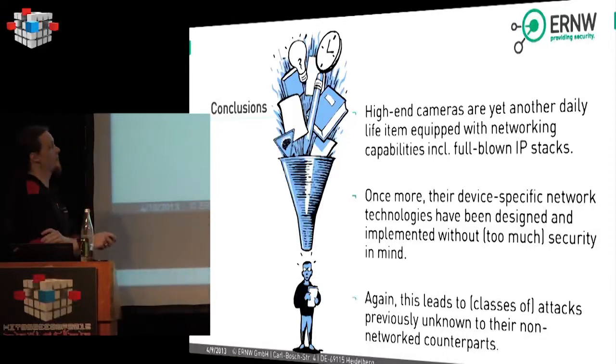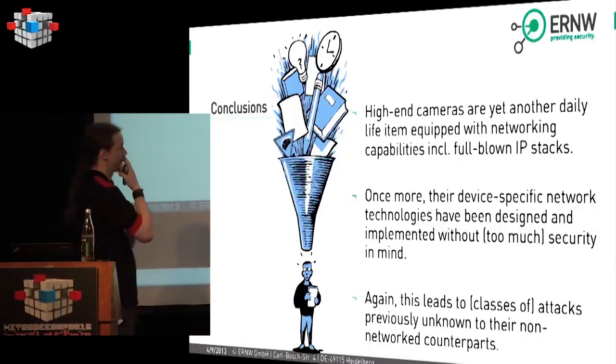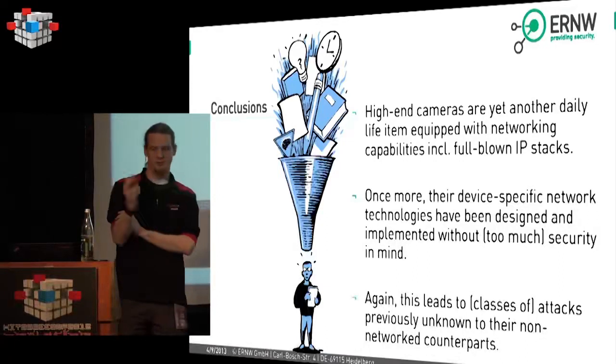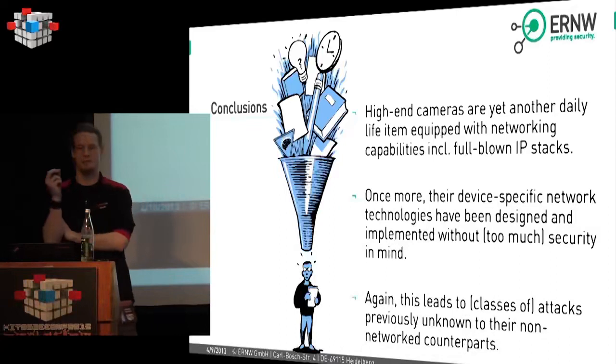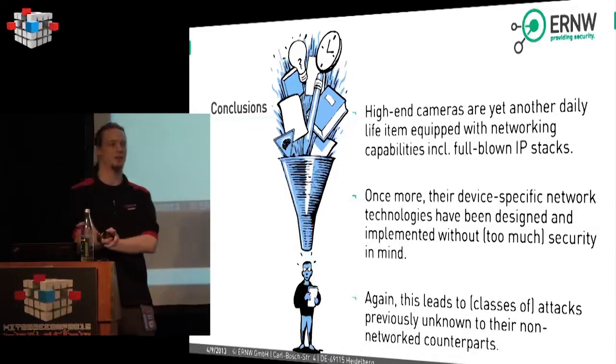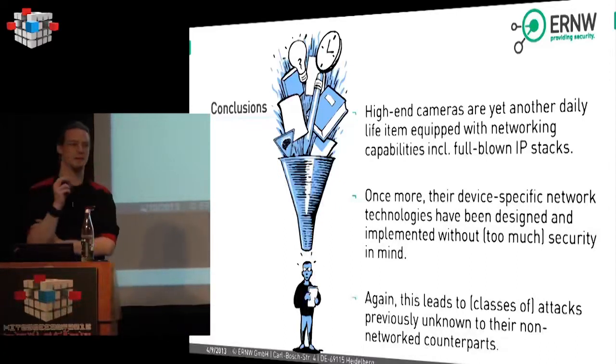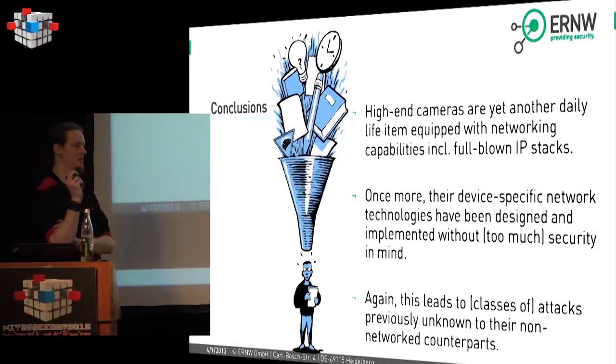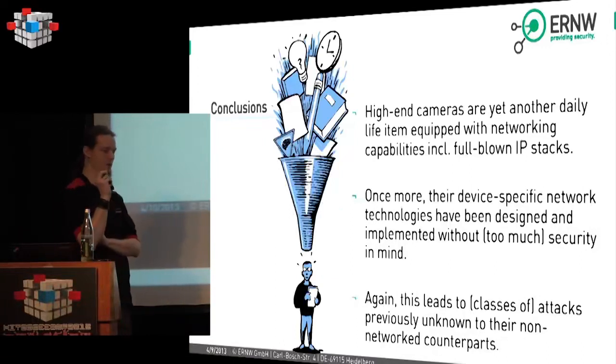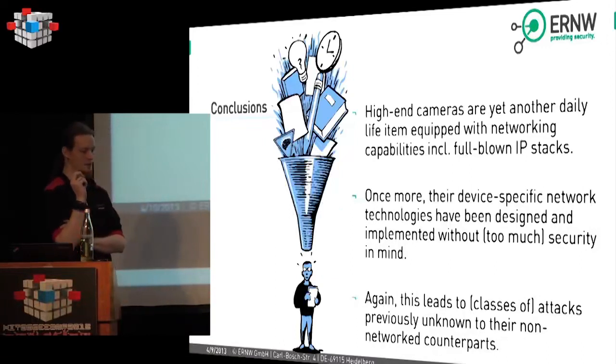So once more, this brings some attack possibilities to the devices that you have not thought of before. So who has thought of doing a TCP reset attack against a DSLR? I don't think there are a lot of you out there.